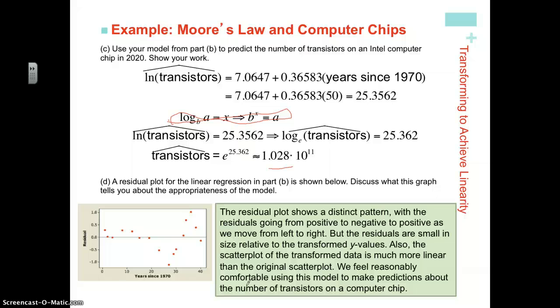We feel reasonably comfortable using this model to make predictions about the number of transistors on a computer chip. So normally we wouldn't like that pattern, but the residuals are small relative to the transformed y values, and the scatter plot is much more linear than the original, so we will take it.